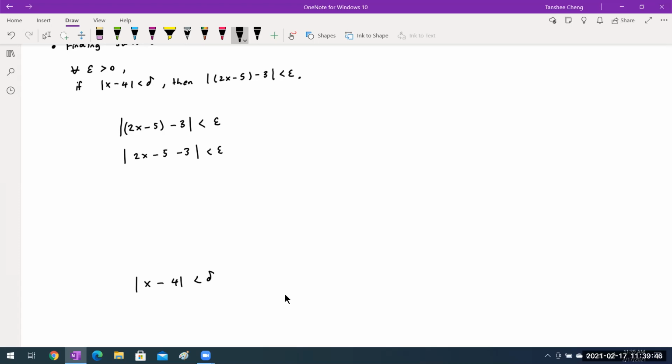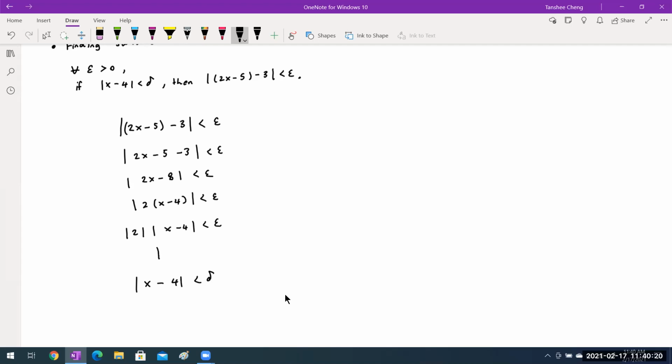Okay. So now continuing, this will be the absolute value of 2x minus 8 is less than epsilon. And then what I can do is reach this point: x minus 4. I can see that if I factor out 2, then it will give me x minus 4. Now it's much closer. Then by the property, we can say 2 times the absolute value of x minus 4 is less than epsilon.